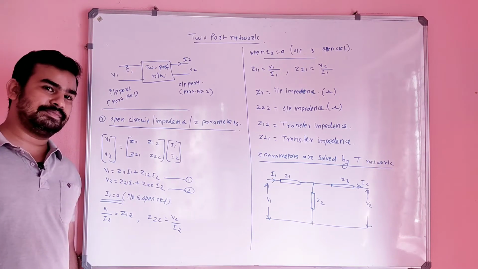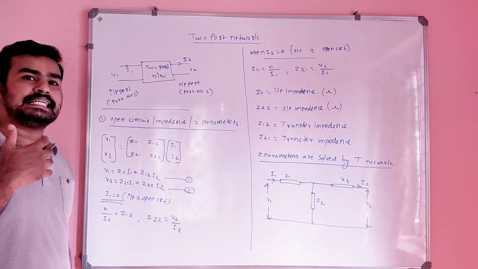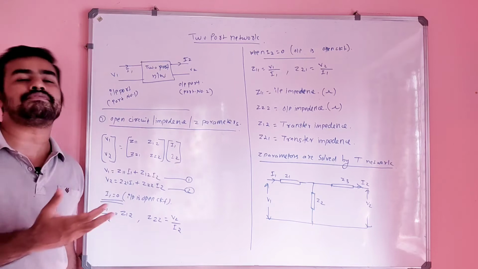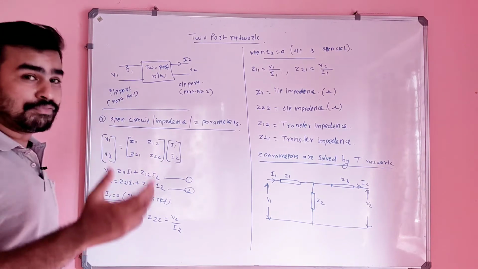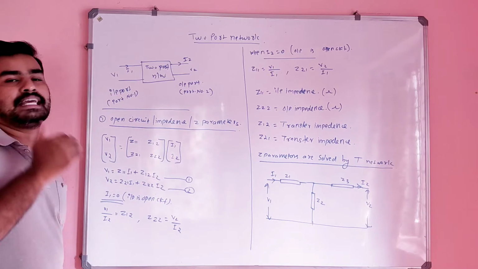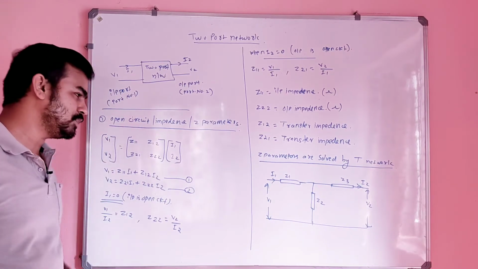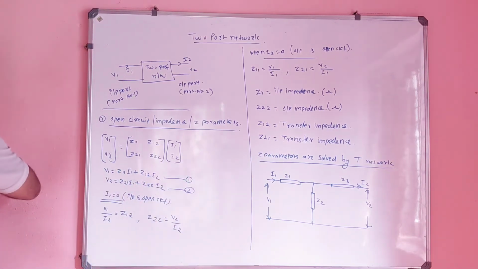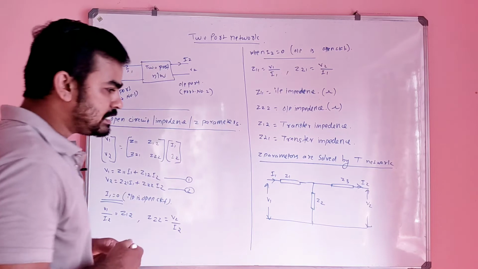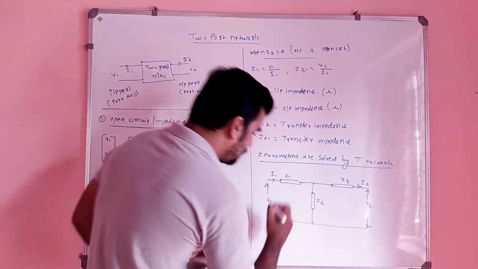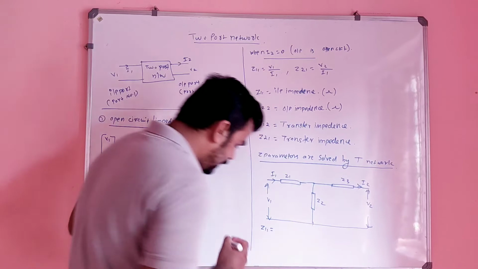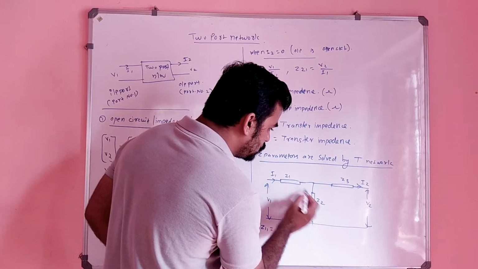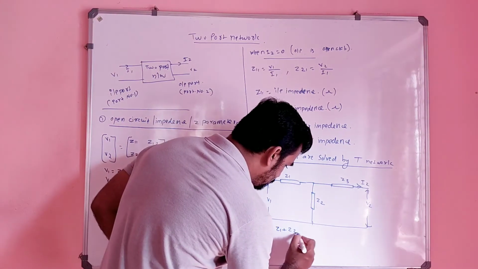Okay, that's all. So what is the peculiarity of the T network? Only from the T network can we easily find the Z parameter. So what will be the Z parameter from this? Here I can write: Z11 is nothing but the input impedance, adding these two, Z1 plus Z2.